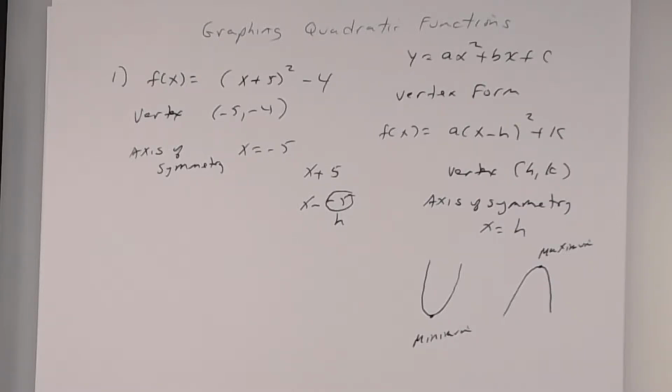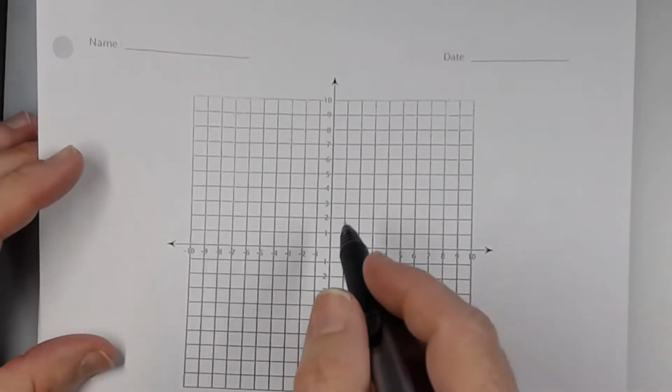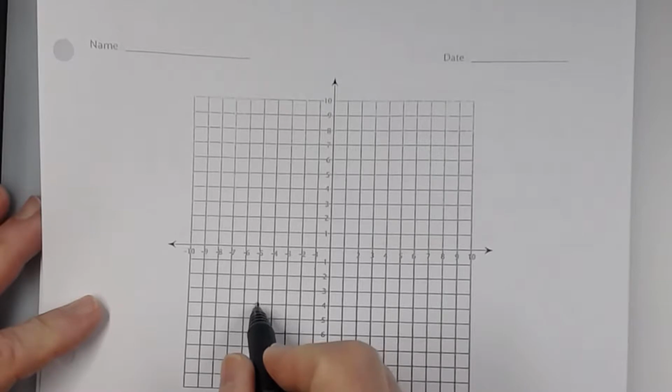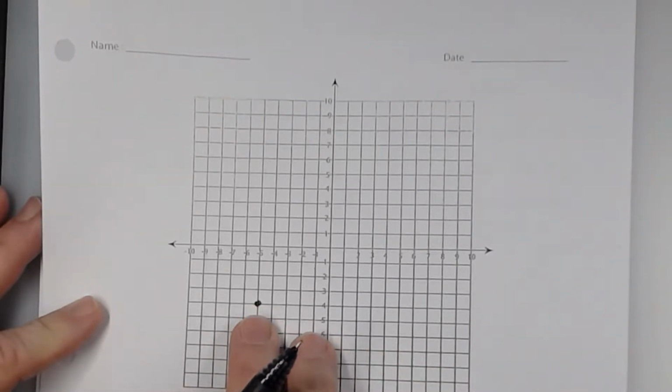Okay, so we found the vertex, we found the axis of symmetry. I think we can go to the small graph for that one. I'm going to plot the vertex. The vertex is negative 5, negative 4, so there's your vertex right here.